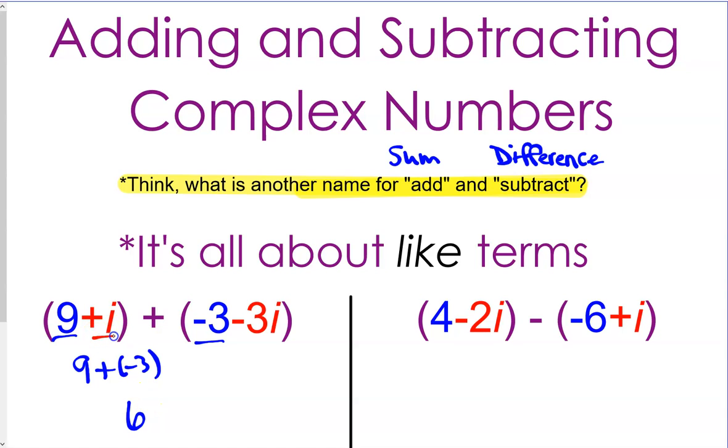Our imaginary pieces are i and -3i. So we have i plus -3i. That's like saying 1 minus 3, which is -2i. Okay, so we're just combining like terms.